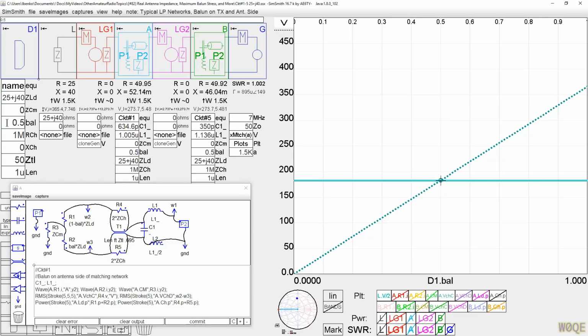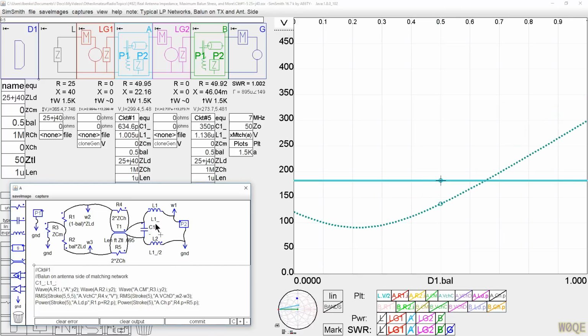And this is with an unbalanced tuner. What if I balance the tuner? I balance the tuner by basically putting the wire down here, and then I would change this value here to be half the value it was before. Let's make sure we're matched again.